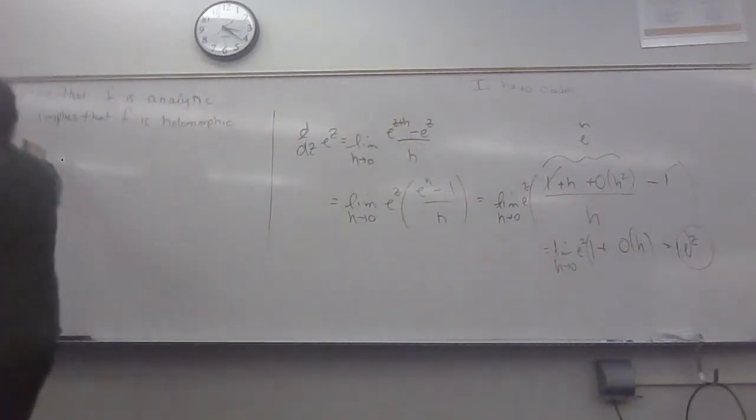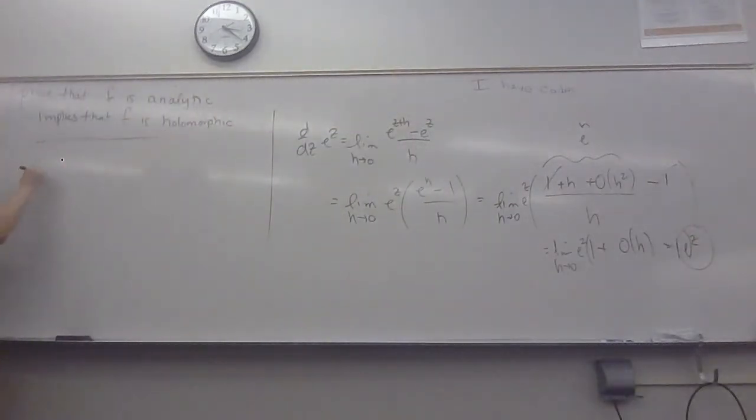So an analytic function, f is analytic. Remember, these are the two most important words of the entire field, analytic and holomorphic. So you should be able to reproduce the definitions.